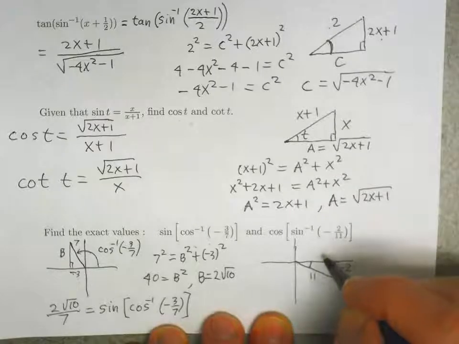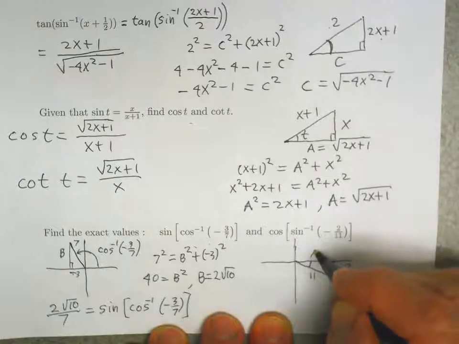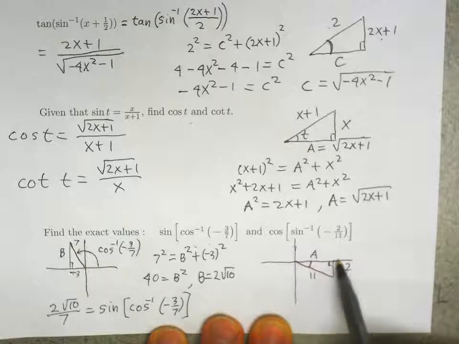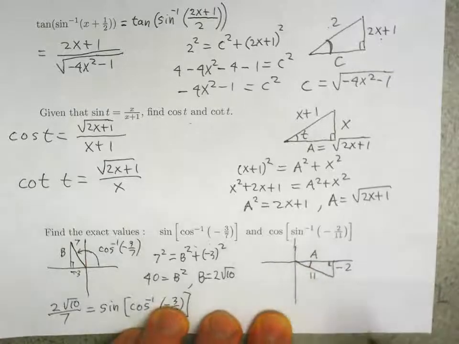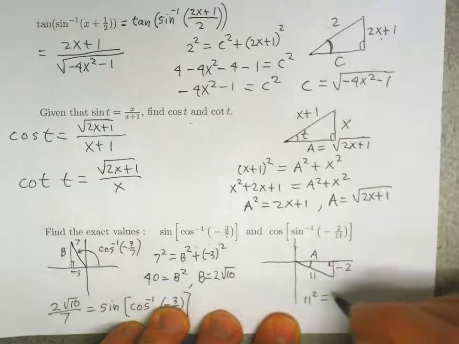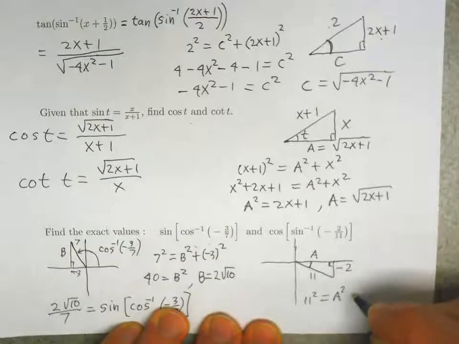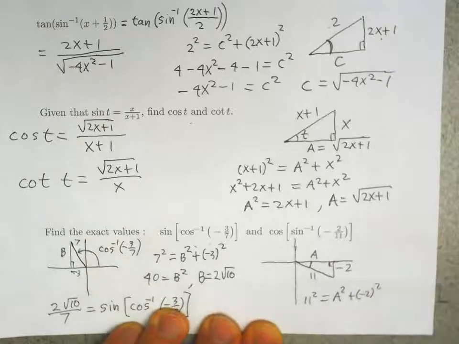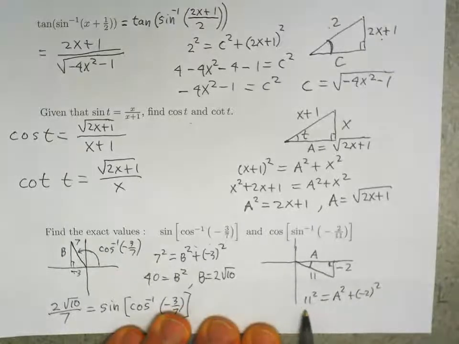So we want to know what the adjacent side is. The hypotenuse is 11, so 11 squared equals a squared plus negative 2 squared. 11 squared is 121.